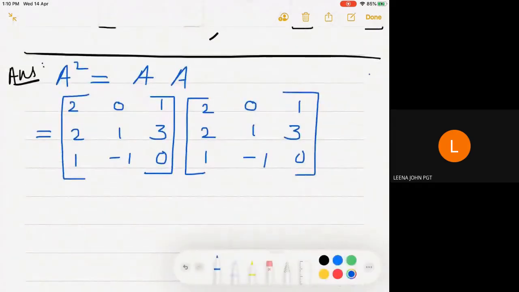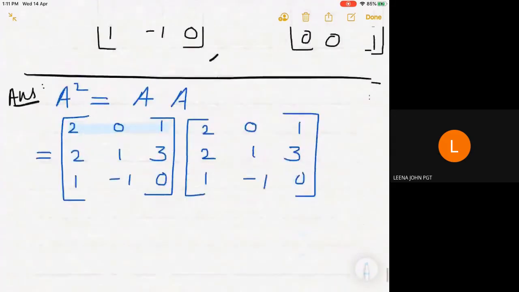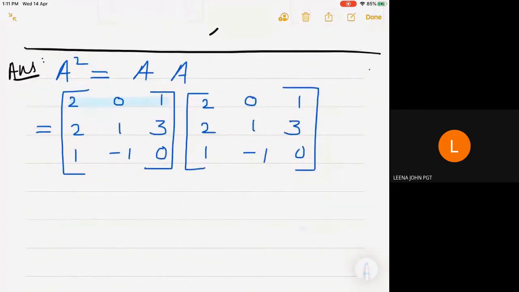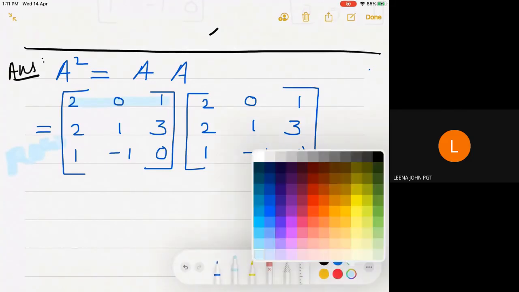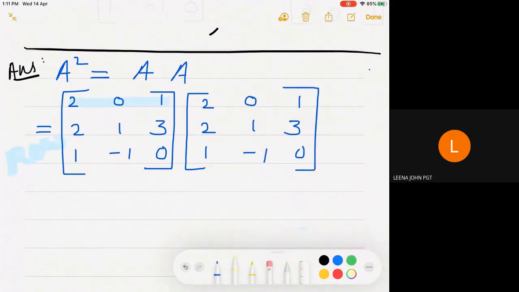As I have explained earlier, we will go with the definition. In multiplication of matrices, from the first matrix you consider only rows, and from the second matrix you consider the columns. So first, you will be taking the first column.